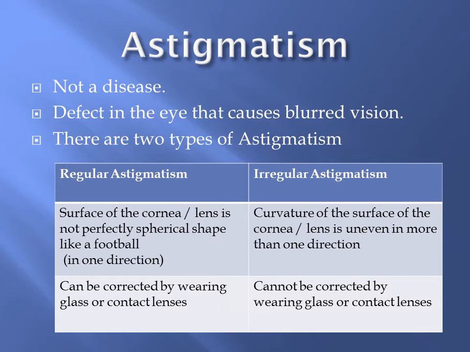But when it comes to irregular astigmatism, the curvature of the surface of the cornea or lens is uneven in more than one direction. So this condition cannot be corrected by wearing glasses or contact lenses.